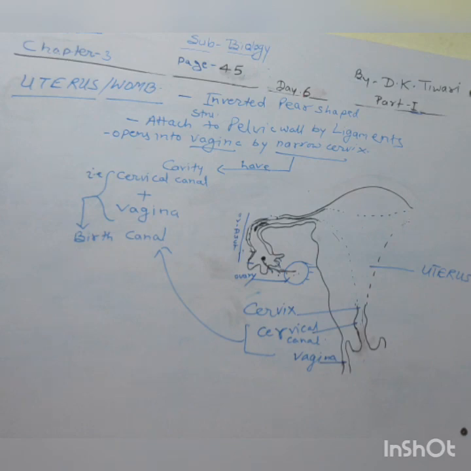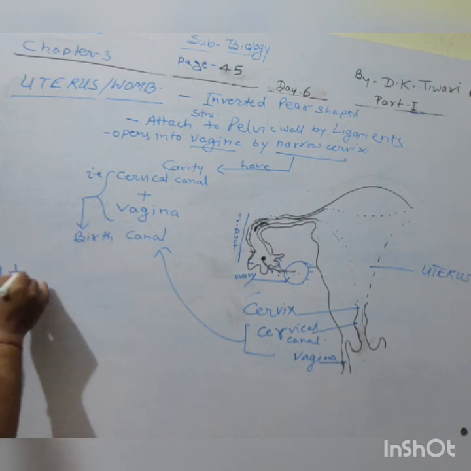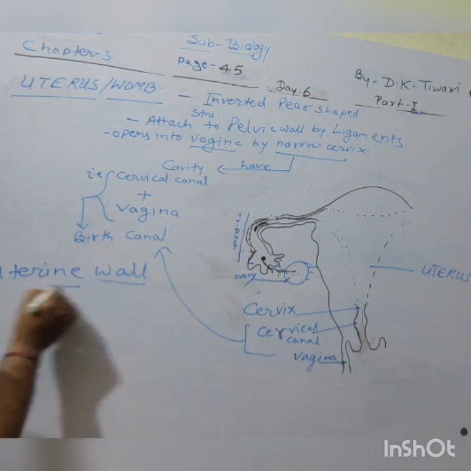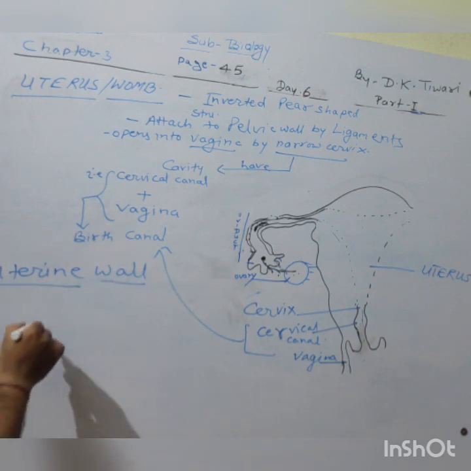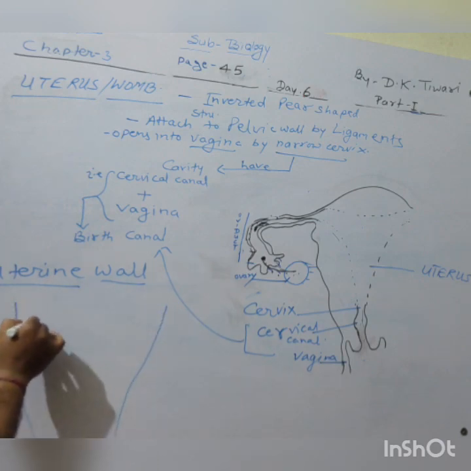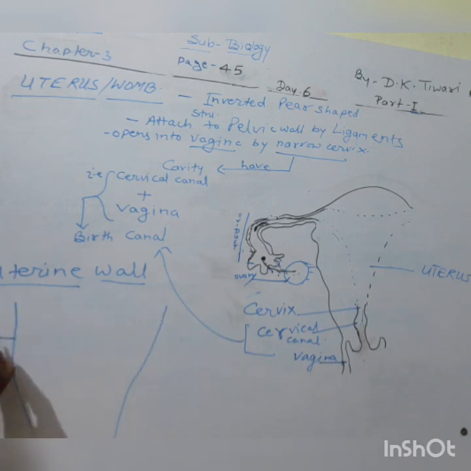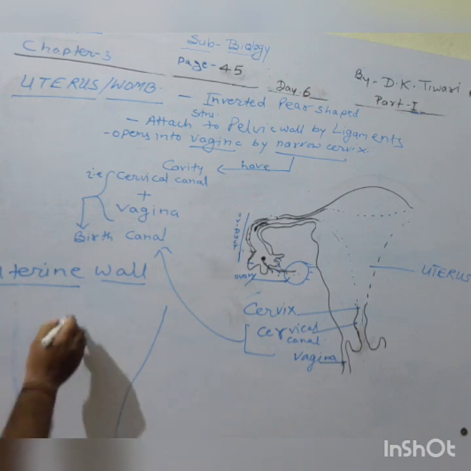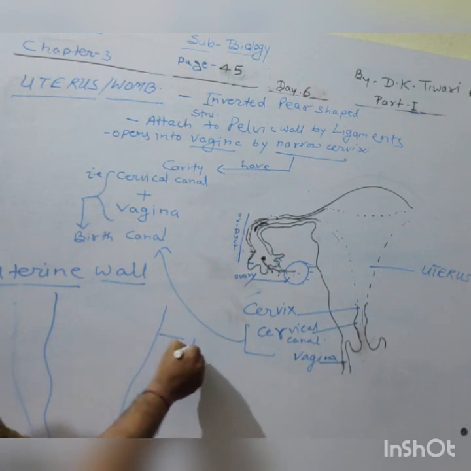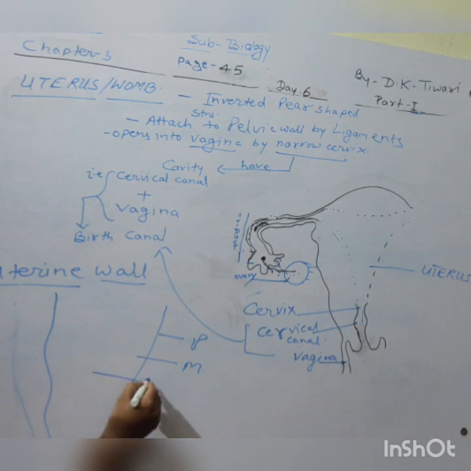Now something about the uterine wall. The uterine wall has three distinct layers: outer perimetrium, middle myometrium, and inner endometrium.